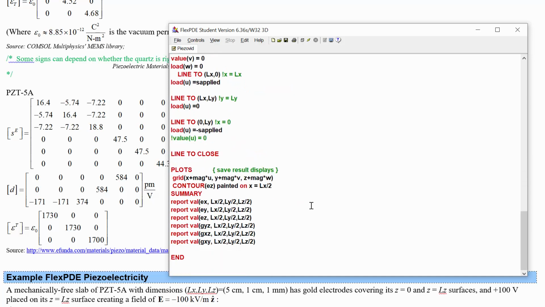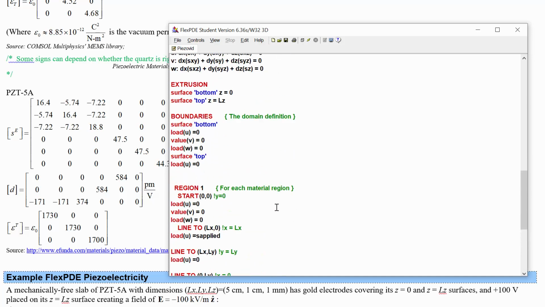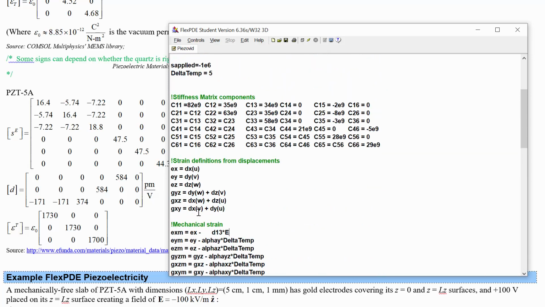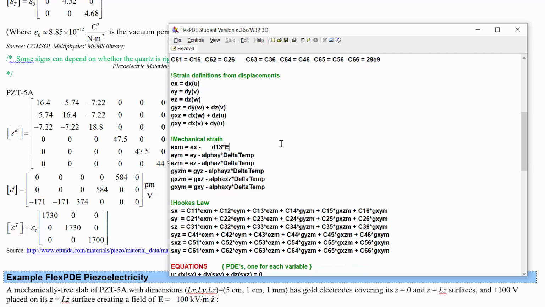We could call it just E field. We could call it EX, EY, EZ. That's probably going to get confusing because we already used EX, EY, and EZ for the strain components. So let's keep it as simple as possible, less likely to make a mistake this way.